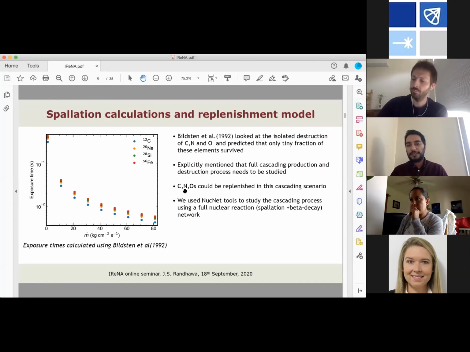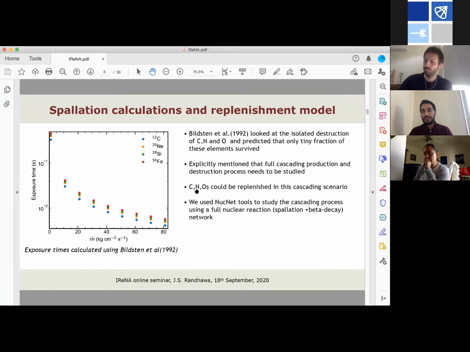So the idea is that we want to see what happens if we take a full reaction network, instead of just looking at the destruction of carbon, nitrogen, and oxygen. Since there are heavier elements also, the destruction of heavier elements will replenish the carbon, nitrogen, and oxygen, and that's what we are interested in.